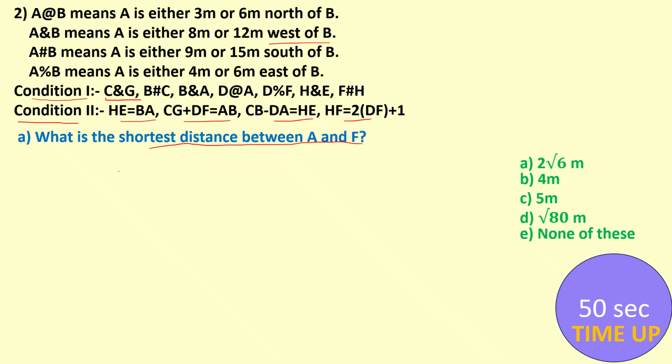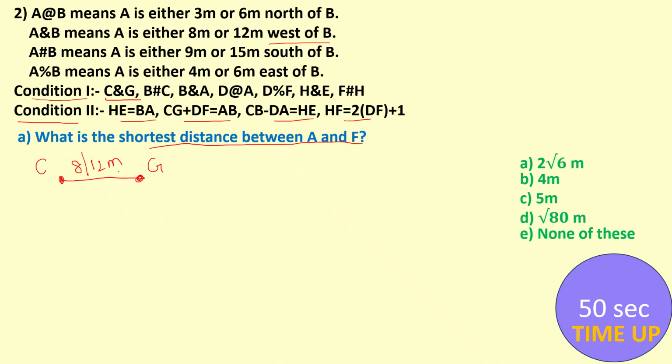C is west of G, this is given to you. C is west of G by 8 or 12 meter. So for now I am drawing like this.